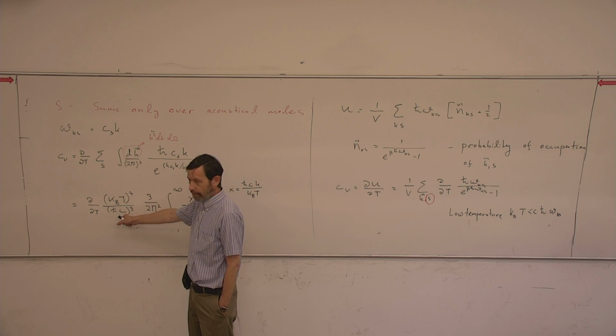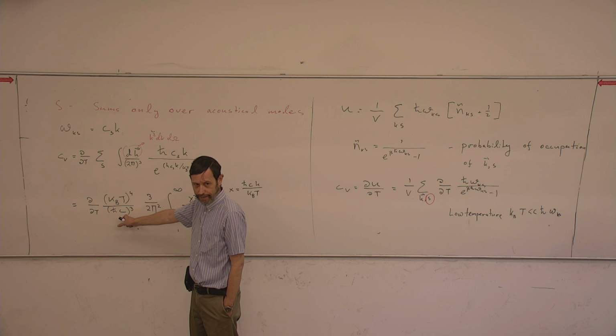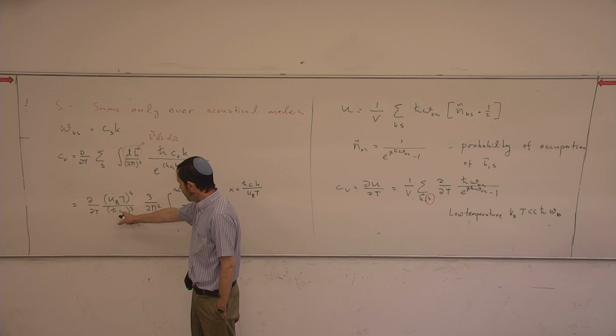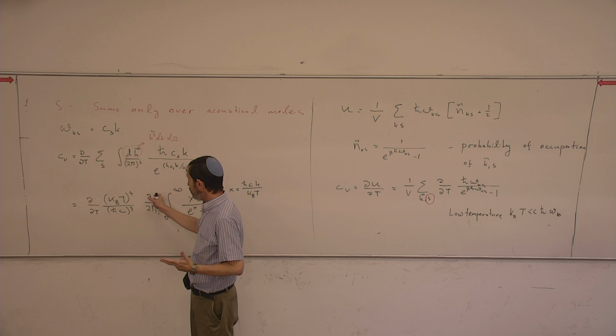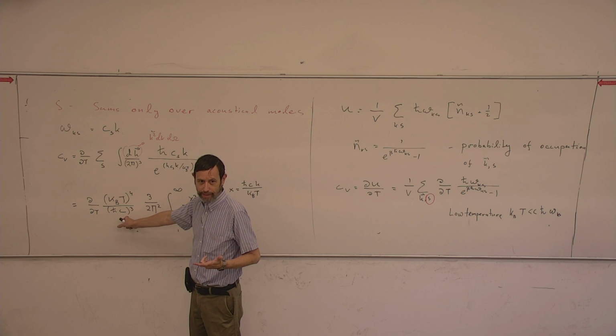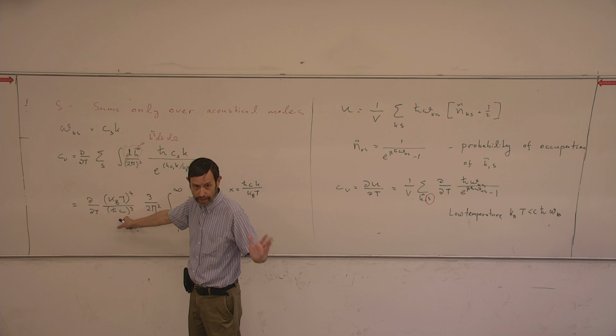And the only thing that I massaged a bit is, instead of writing c as a function of the branches 1, 2, and 3, I multiplied by 3 and entered here an average value of c.